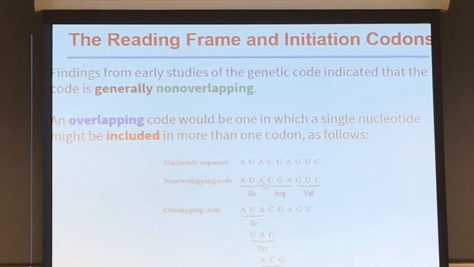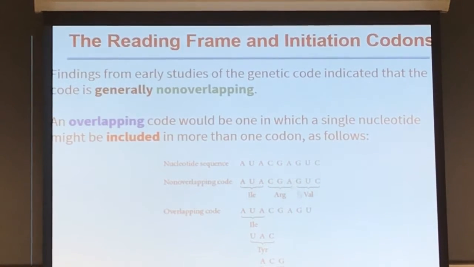So in humans, the first 3 nucleotides code for one amino acid, the second 3 for another amino acid. In a virus, for example, it can skip the adenine in the beginning and start reading from UAC, and that UAC can code for tyrosine.